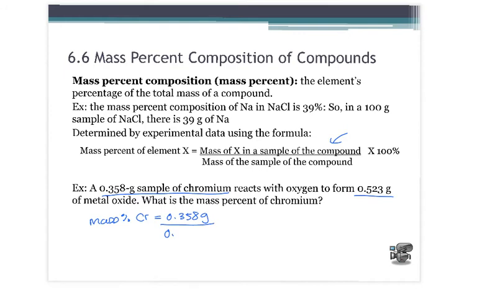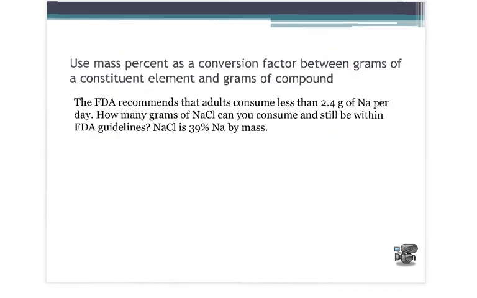So this is 0.523 grams. And then we multiply that whole thing by 100 to get a percentage. So 68.5% chromium. That's our mass percent. So in this sample of chromium oxide, 68.5% of that is chromium.